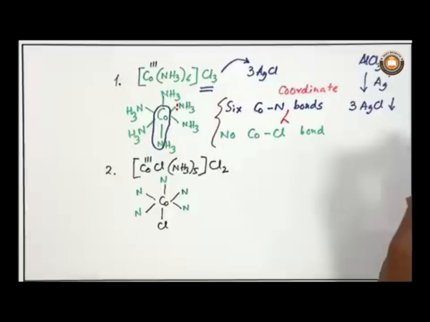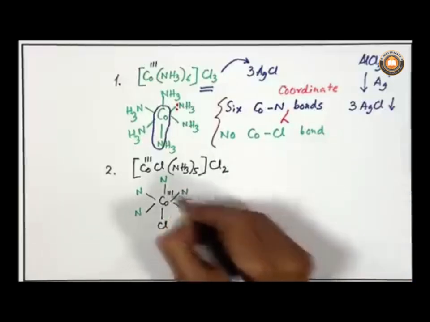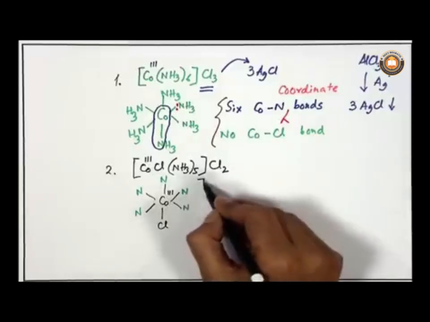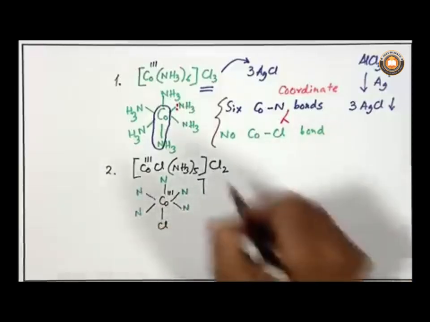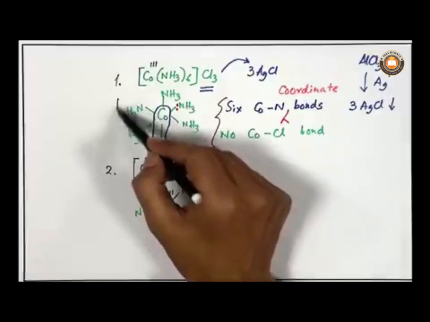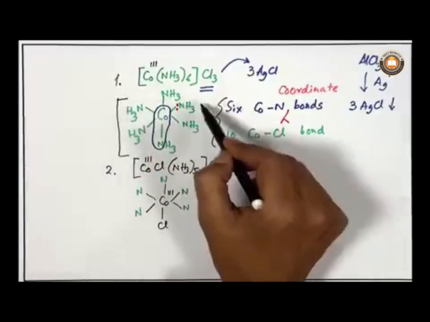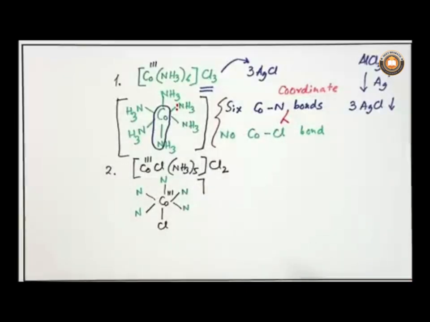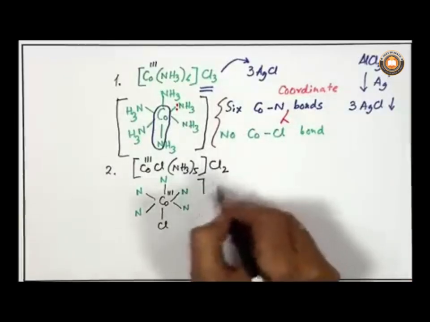That compound immediately tells us that if you have a charge of 3, one will be balanced. So, the overall charge of this complex species, we write the entire thing in square brackets.